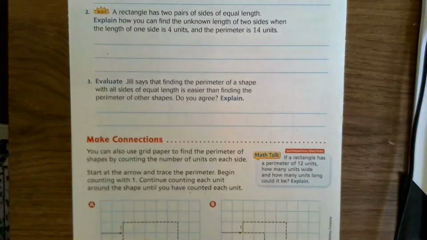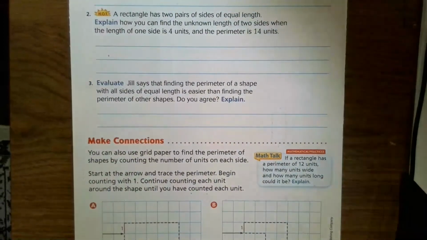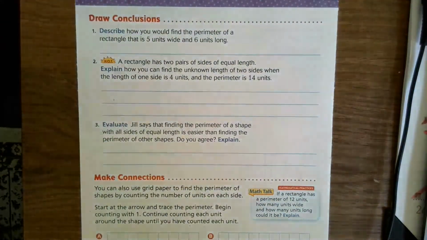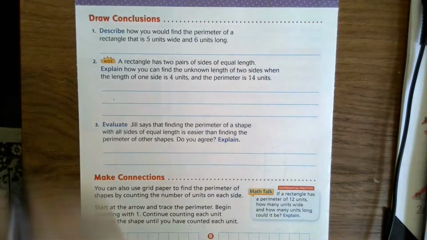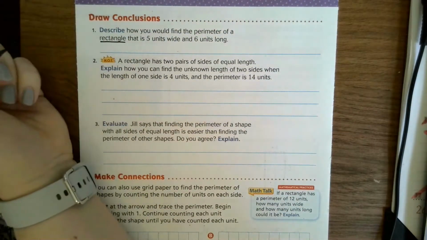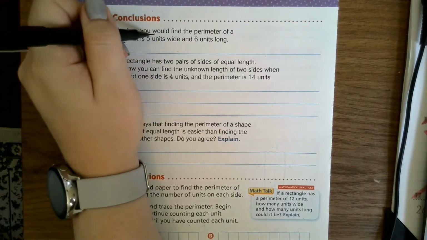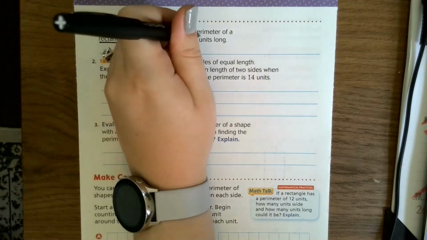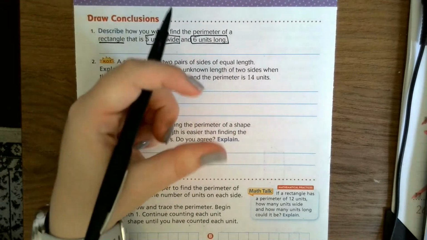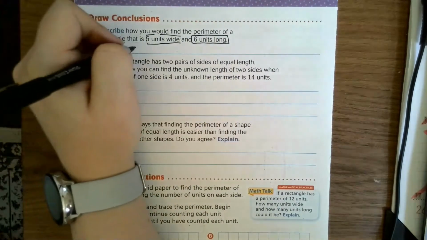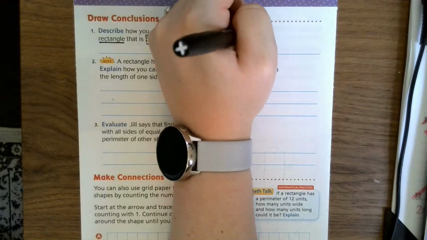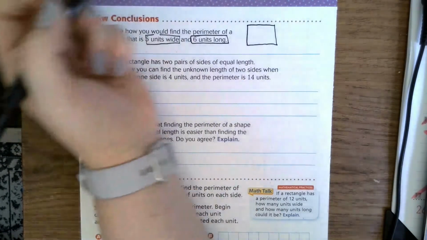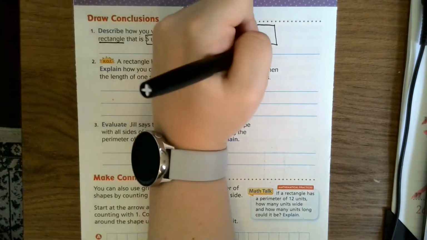It says, describe how you would find the perimeter of a rectangle that is 5 units wide and 6 units long. So we're still talking about a rectangle. It's 5 units wide and 6 units long. So it kind of looks like maybe something like that.